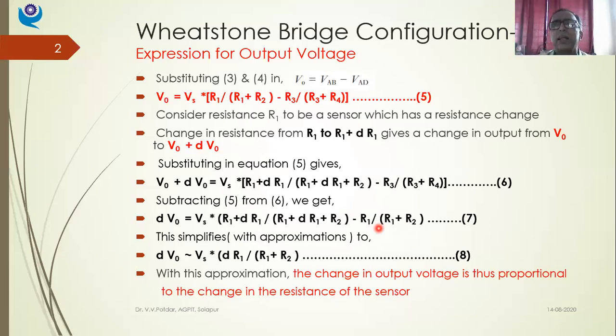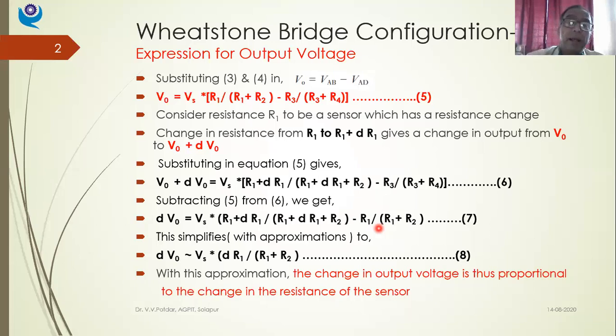While discussing the strain gauge transducer, how much was the resistance change? If the original resistance is 200 ohm, this change in resistance dR was to the tune of 0.02 ohm.